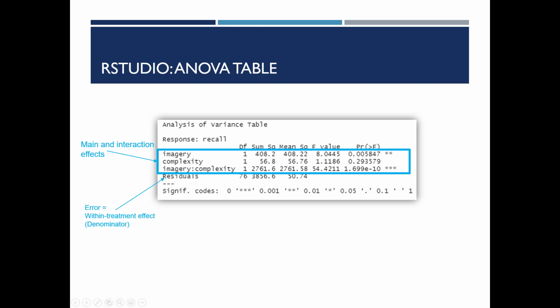You might recognize the residuals row as the row that gives you the error term or within-treatment effect, essentially the place that gives you the denominator degrees of freedom, which is 76. Of course, you would be interpreting this first and foremost, most likely, by looking at the p-values to evaluate which effects were significant.